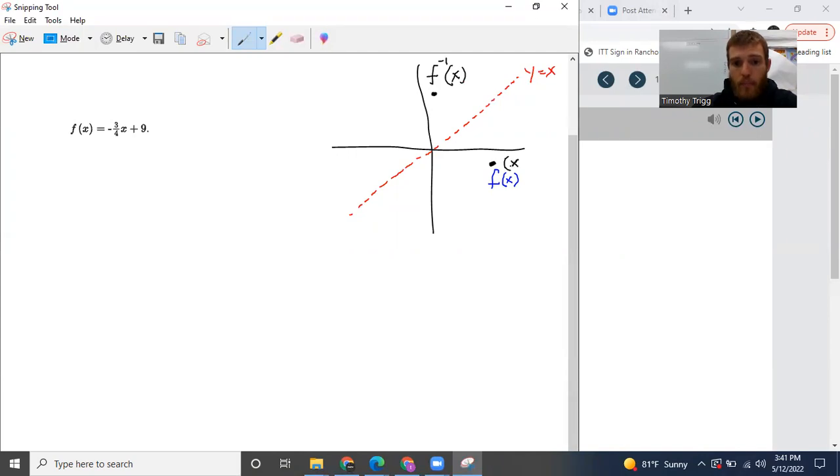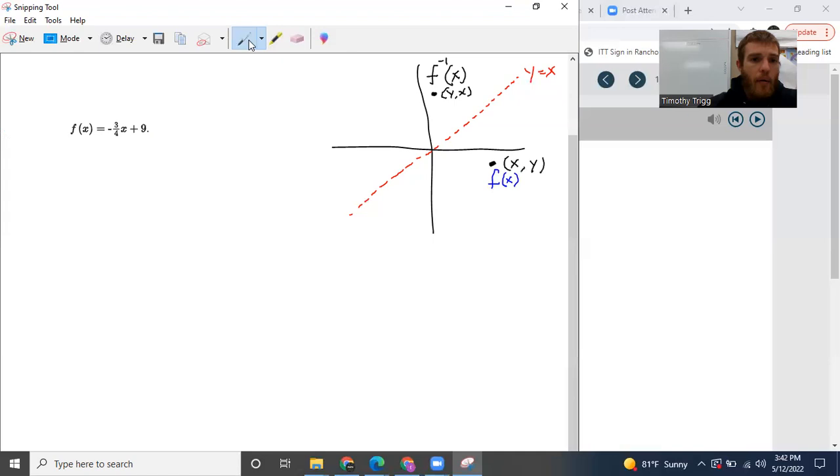If this is the point x comma y, then the reflected point will be y comma x. Basically, whatever coordinates you have from your original function, the coordinates of the inverse function will be just flipped. So if this is 5 comma -1, then this will be -1 comma 5. Okay, I clearly did not graph it in the right spot, but you get the idea.